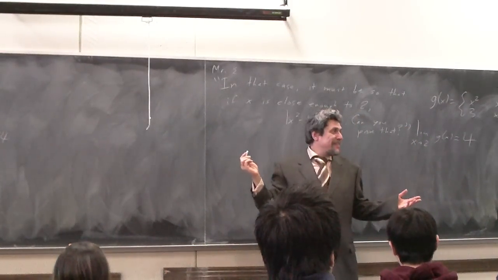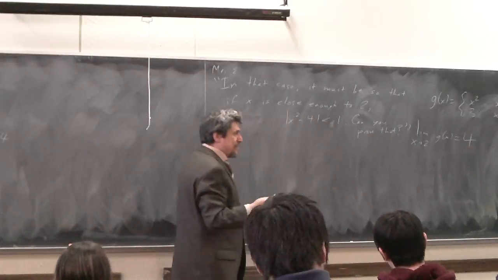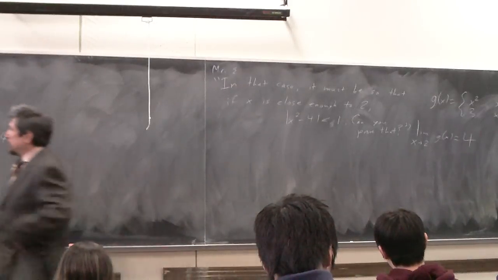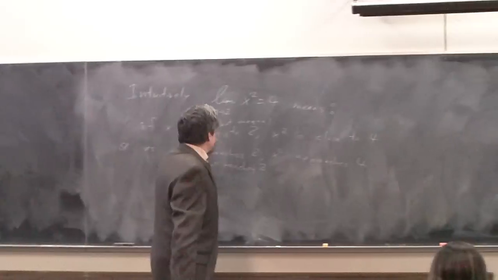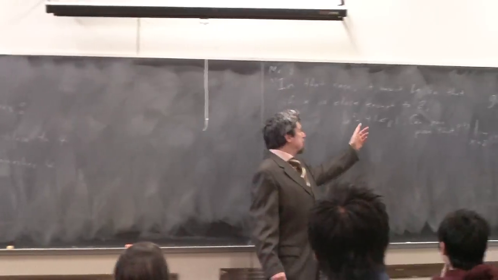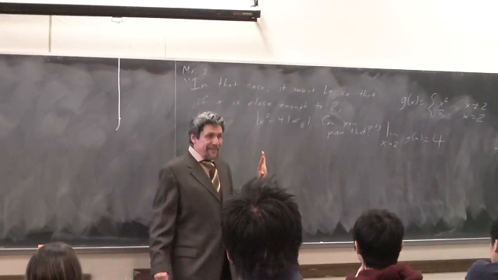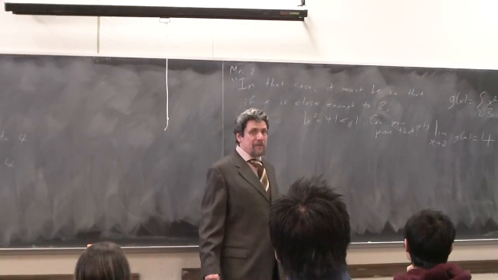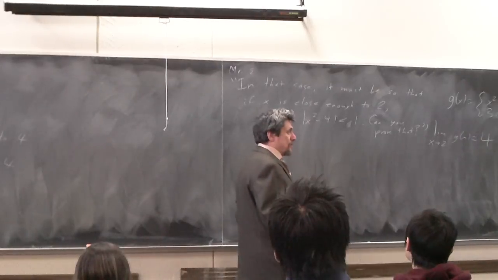Now, this looks really pretty familiar, right? It's true that if x is close to 2, then x squared is close to 4. Okay, then it must be true that if x is close enough to 2, the distance from x squared to 4 is less than 1, right? So how would we prove this in these terms? We know the procedure, right?